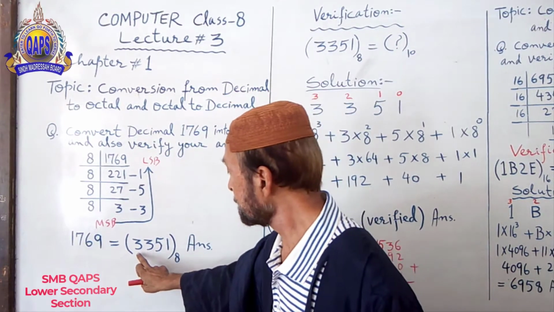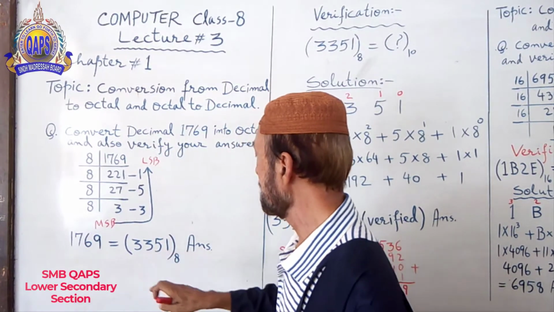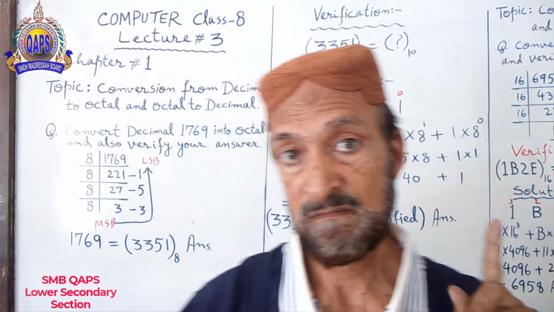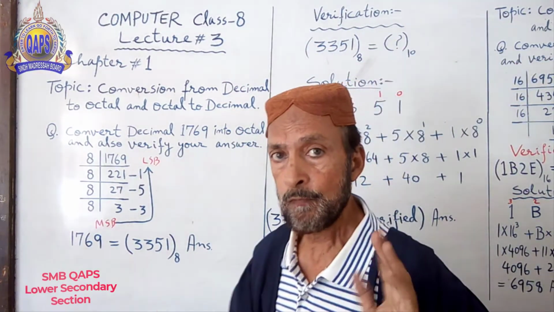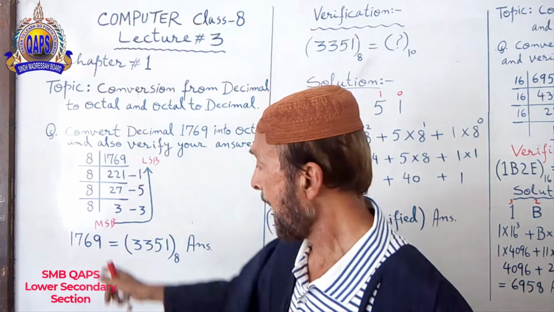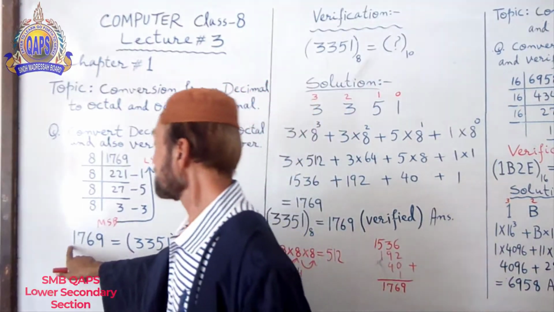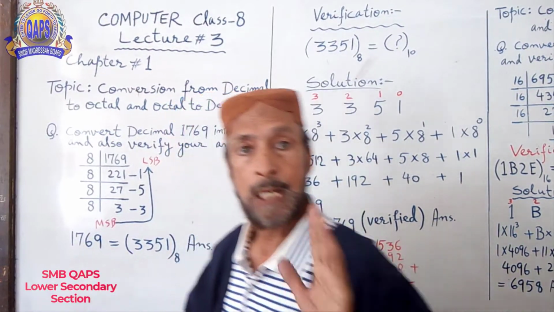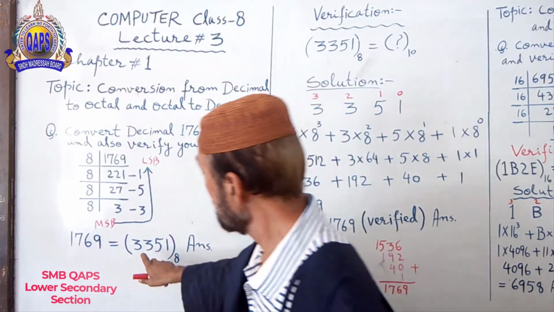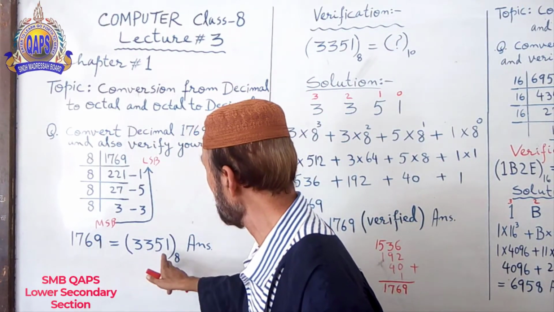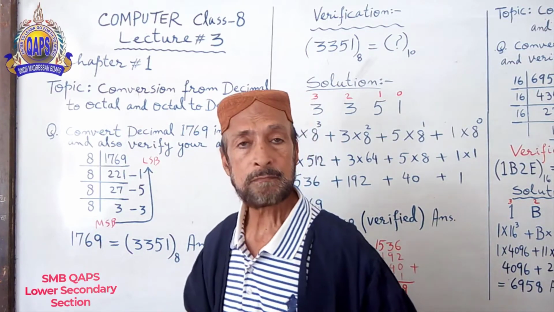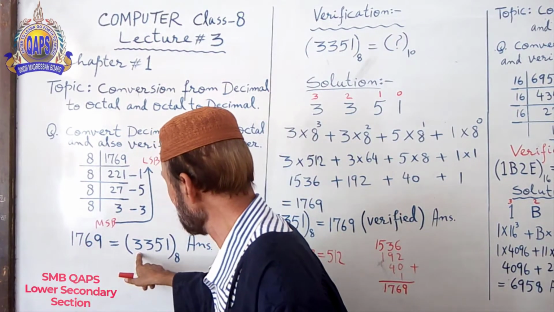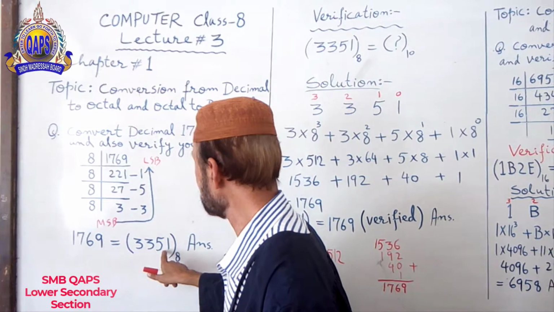So decimal number to 3351. Base power 8. Student, remember this thing. I am saying over here, very important, what I am saying. I am saying over here 1769, but I am saying over here 3351 base power 8. I cannot say that 3351.